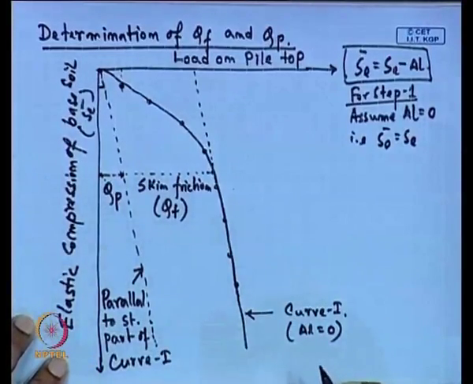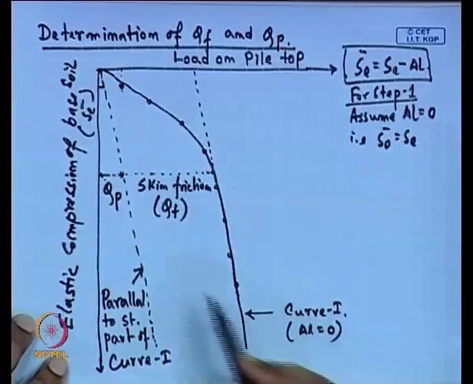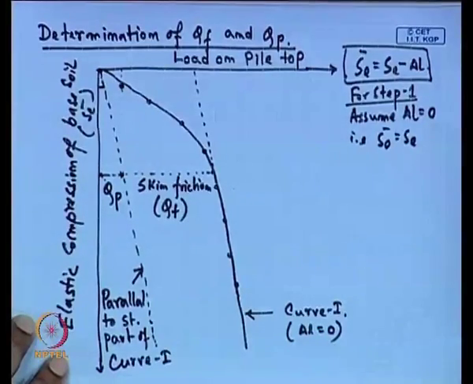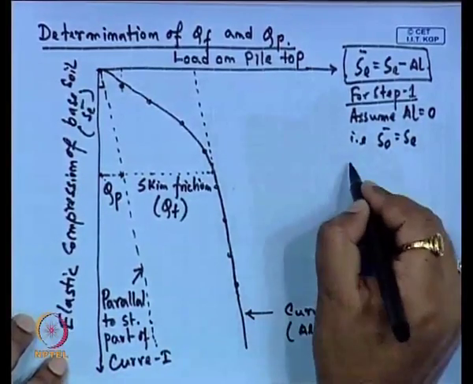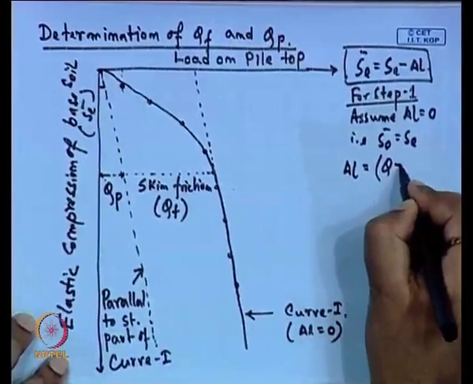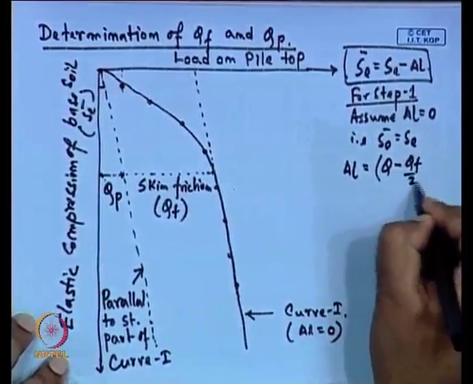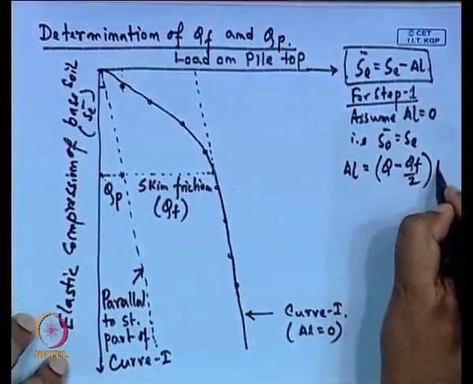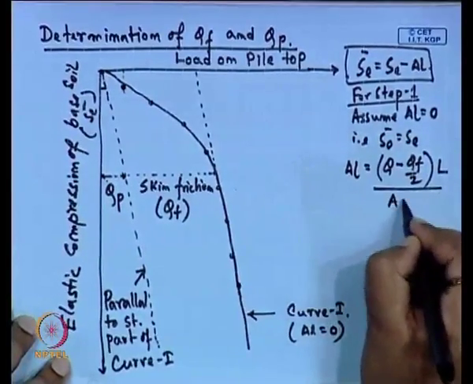In the second step, once we know the QF value, because the expression of del L is Q minus QF divided by 2, into L divided by AE.